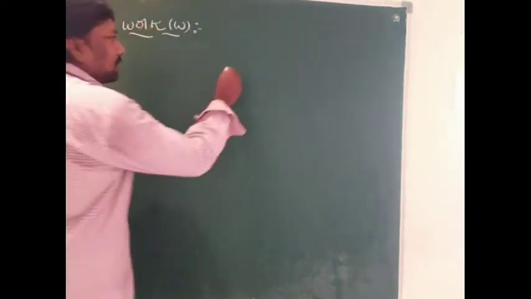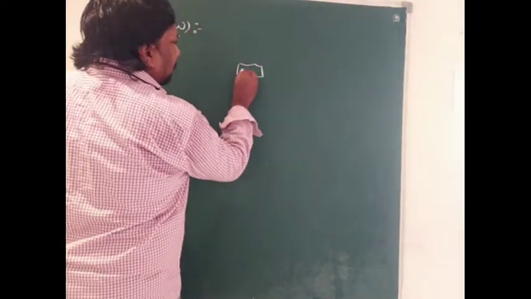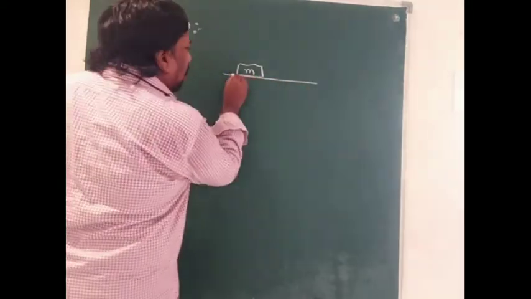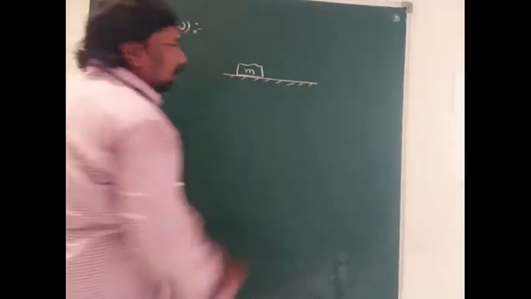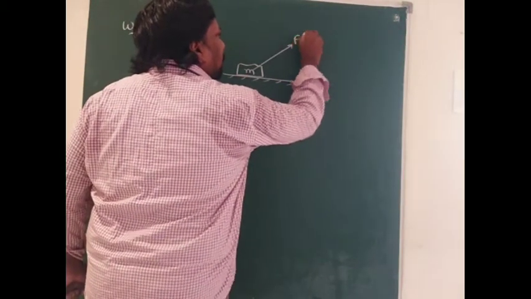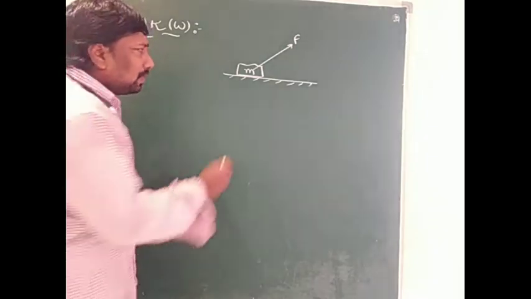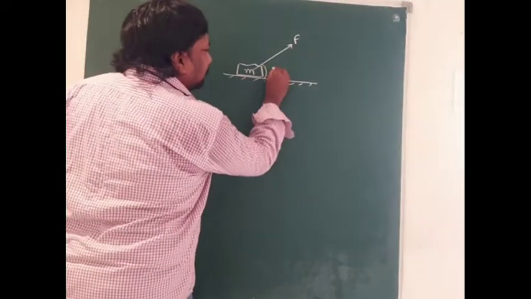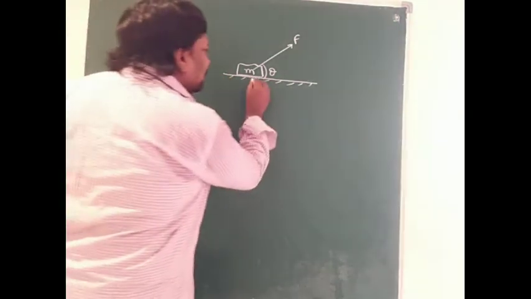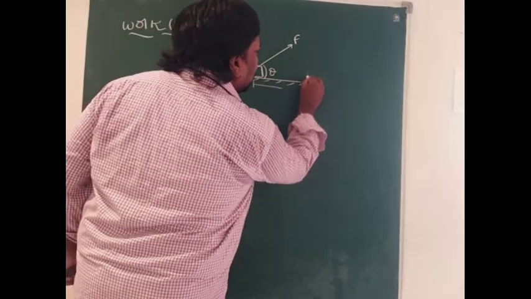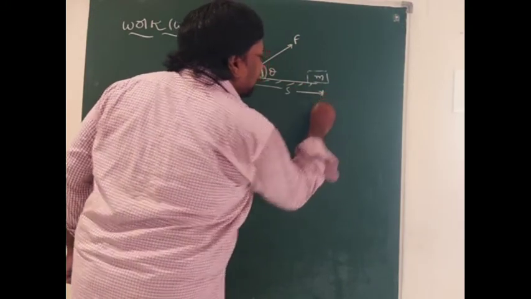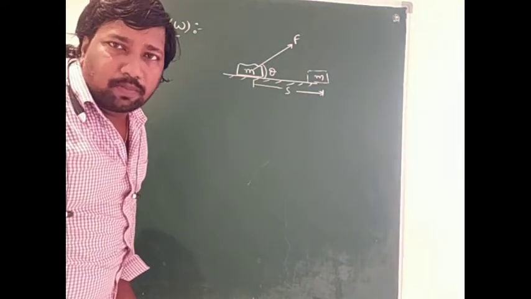If we consider a block of mass m lying on a horizontal floor, a constant force acts on block m, making an angle theta with the horizontal. The block moves through some displacement S, the displacement covered by the body.